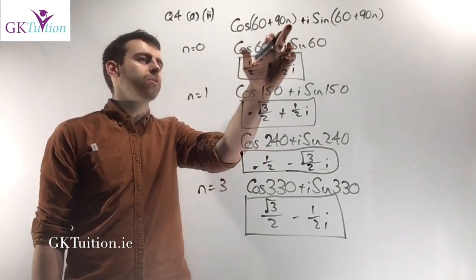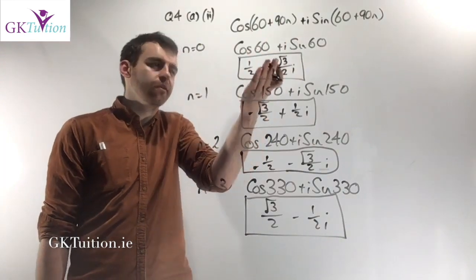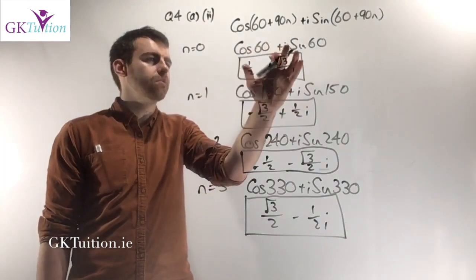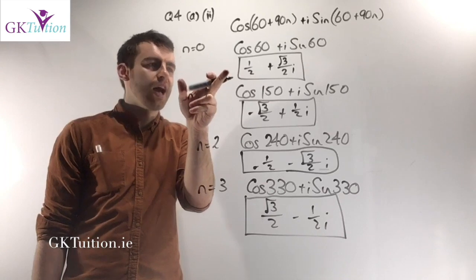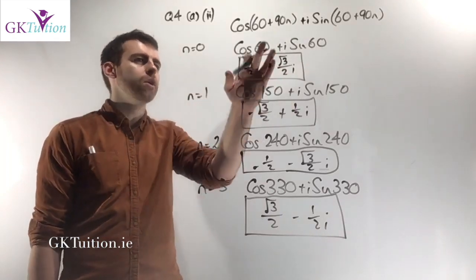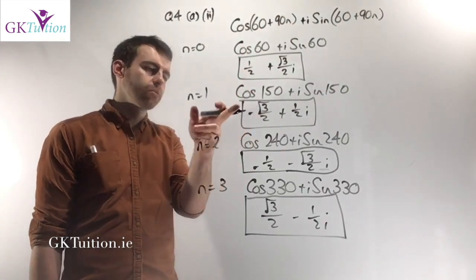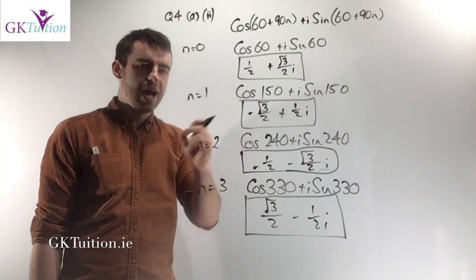If I subbed in n equals 0, my angle becomes 60 plus 90 times 0, so obviously just 60. I get cos 60 plus i sine 60, and my first answer is a half plus root 3 over 2 i. If I sub in n equals 1, I get 60 plus 90, which is 150, and my answer works out as minus root 3 over 2 plus a half i.